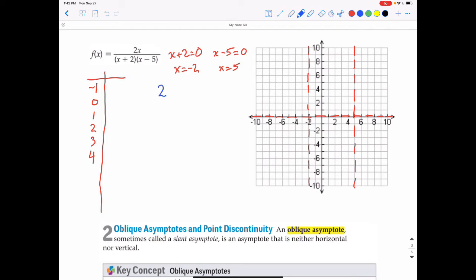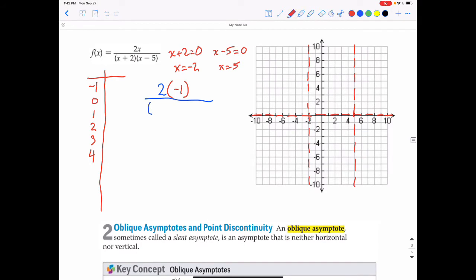So that would give us 2 times negative 1 over, and then the first set of parentheses, it would be negative 1 plus 2. And then the second set of parentheses would be negative 1 minus 5.